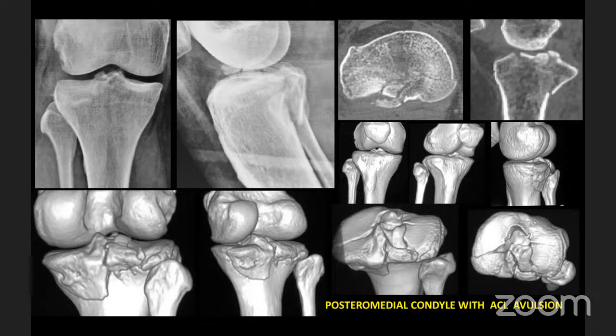Through the same approach, you can apply an anteromedial plate also. See, if you are doing a prone position, an anteromedial plate is not possible. But if you want to do both simultaneously, then I do it supine with an extended medial approach. Sometimes I may cut the pes, or I retract the pes by dissecting quite proximally.